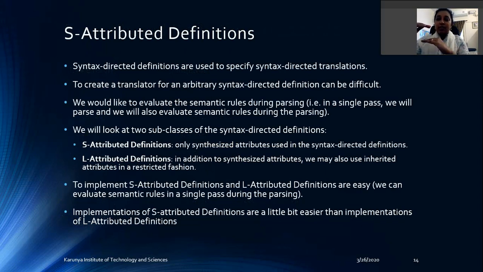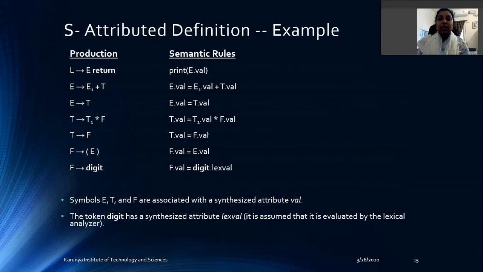The next step is, if we are evaluating only synthesized attributes, we call the syntax directed definition an S-attributed definition. So if a production has a set of semantic rules and all the semantic rules consist of only synthesized attributes, then we call it an S-attributed definition.